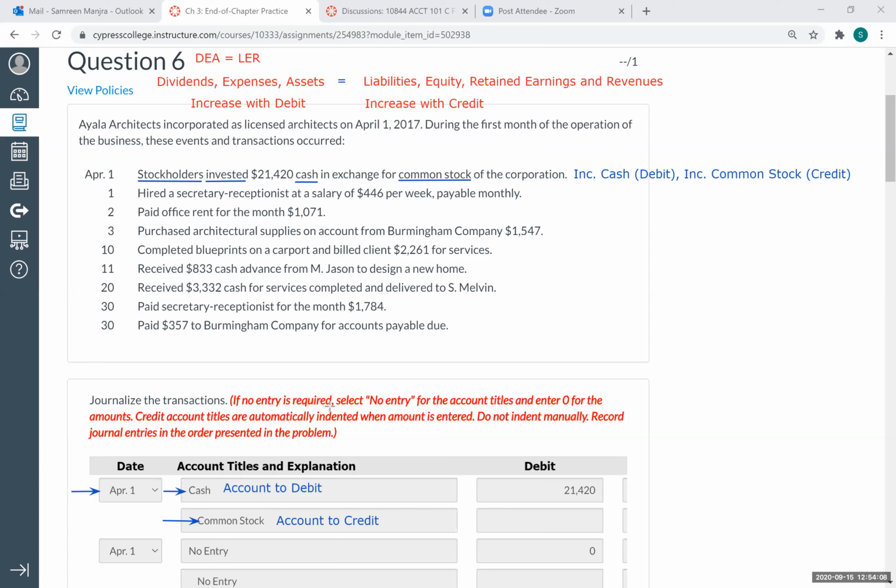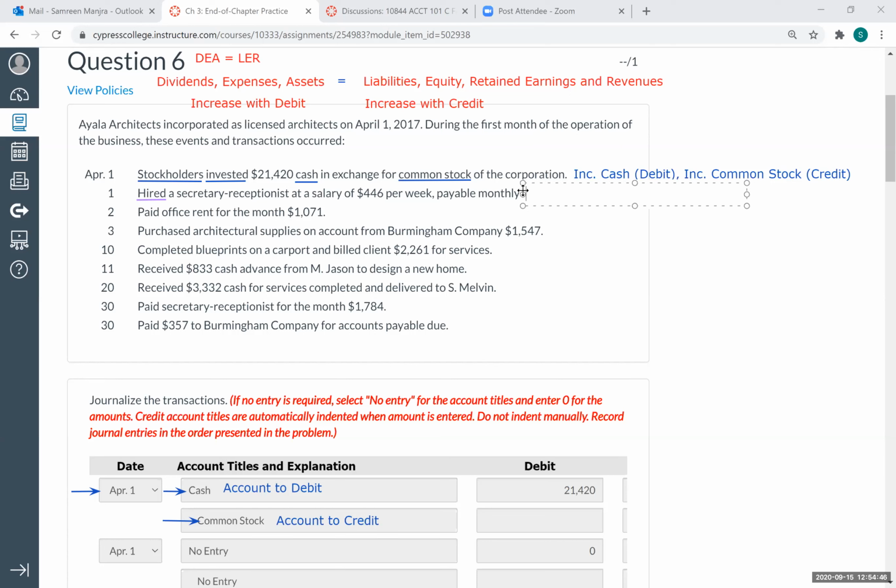In the next transaction, also on April 1st, the company hired a secretary receptionist at a salary of $446 per week, which is payable monthly. Because they have only hired that secretary, the secretary has not yet worked, there is no impact to assets, liabilities, or equity. That secretary can decide that they don't want to work for Ayala Architects and choose employment somewhere else.